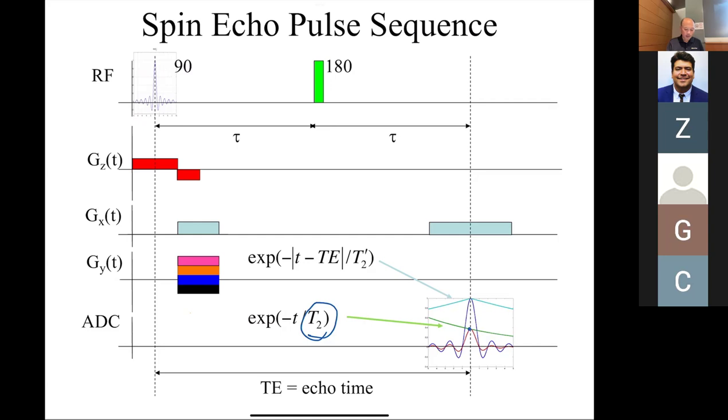The spin echo is a 180-degree pulse because it flips things 180 degrees. We wait some amount of time, tau, for the spins to dephase, and then we wait the same amount of time, tau, for them to rephase. And then we collect our image at the point where they rephase. This is where we acquire the center of K space.